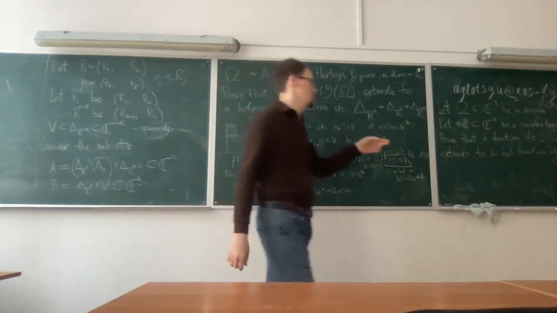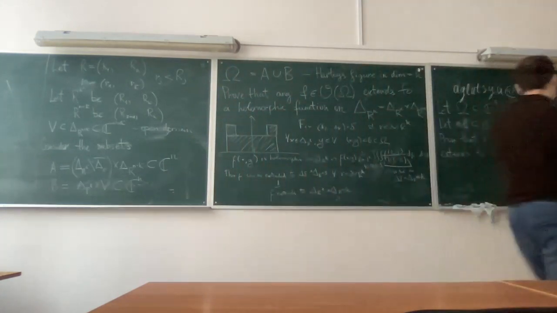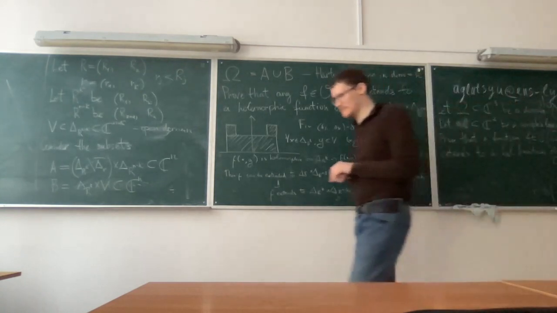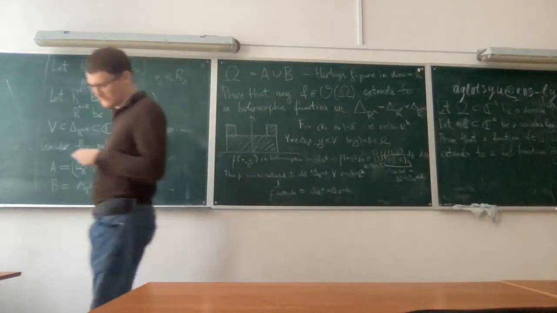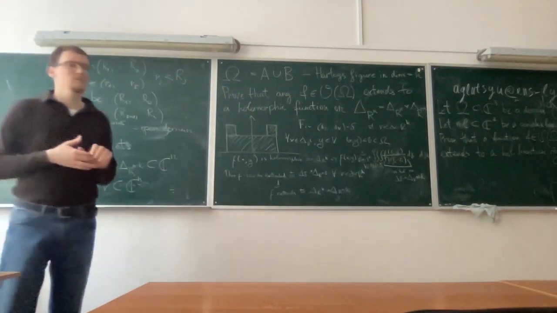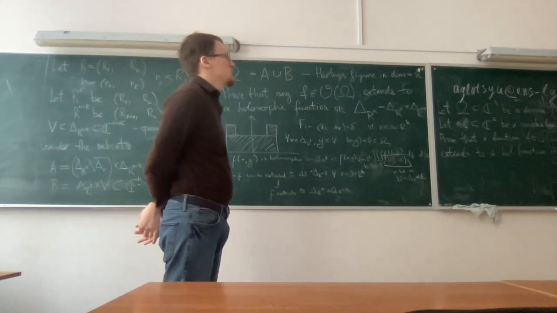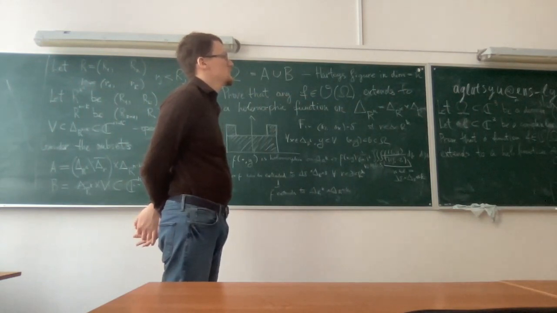Of course, for the problem to be non-trivial, we need to assume that actually the intersection is non-empty. So each function holomorphic in a complement of the line extends holomorphically to all the points of the line.